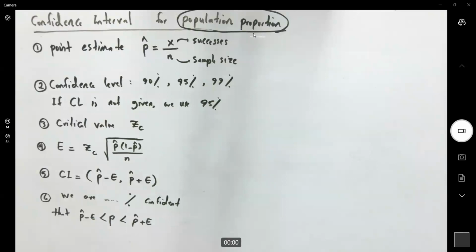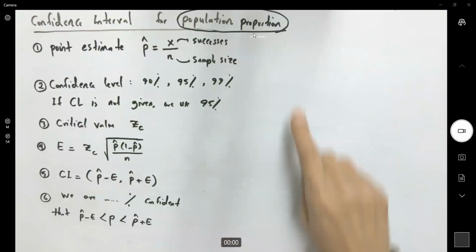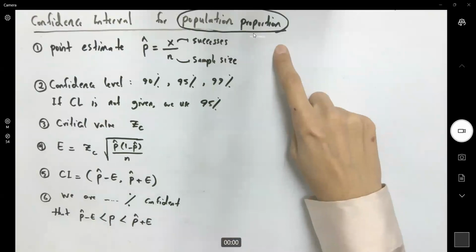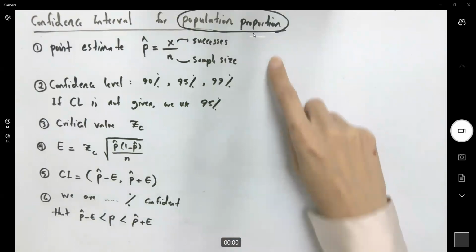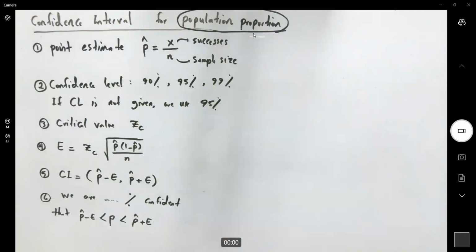These are the steps that we took when we were trying to find the confidence interval for population proportion. Let us go over some more examples, then we're going to learn about the sample size.